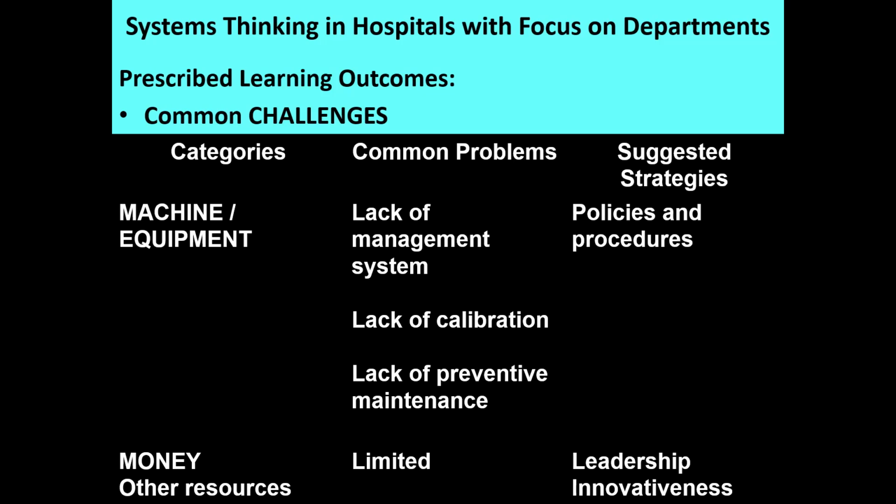Under the money and other resources category, we all know that limited resources is always a problem. So there's no end to that problem. Suggested strategies will depend on the leaders and how he can get the money and how innovative he will be. So it's very important to have a leader who can accomplish getting support funding for the hospital.